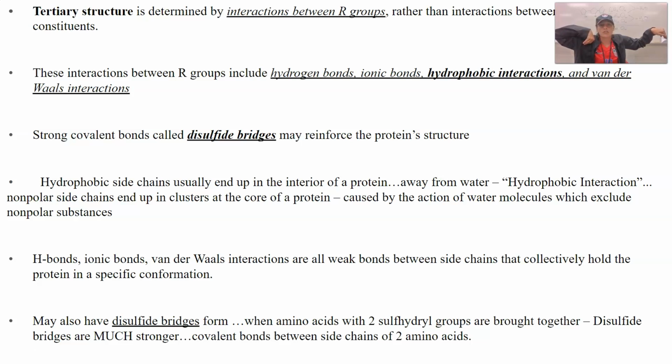Now we're really going to get those R groups involved, and we might fold in on ourselves like this. Now we are a little bit more 3D, but we're still just that one line of amino acids. This is through covalent bonding called a disulfide bridge, which is going to give a single amino acid chain a 3D shape.